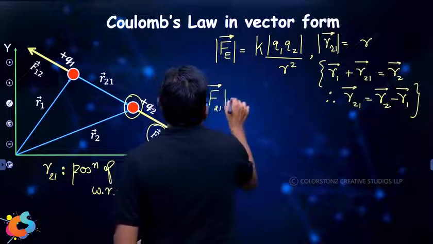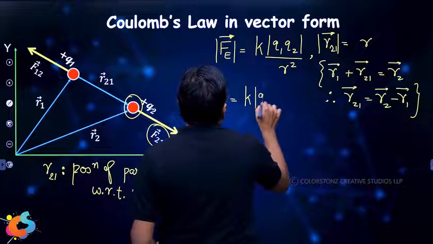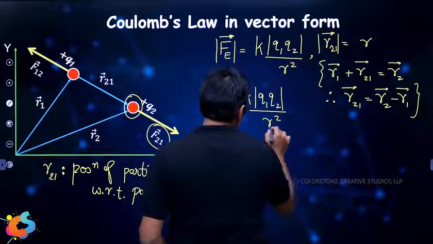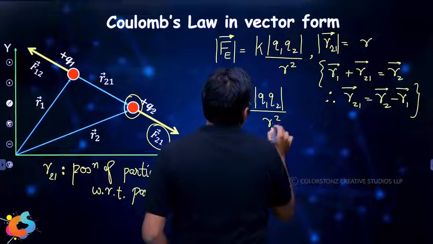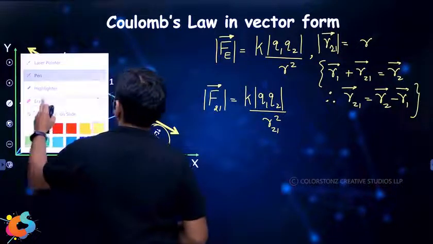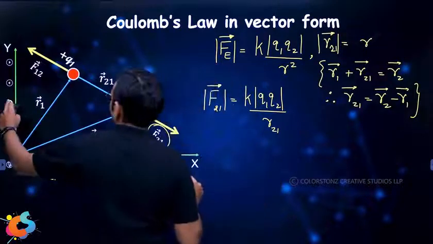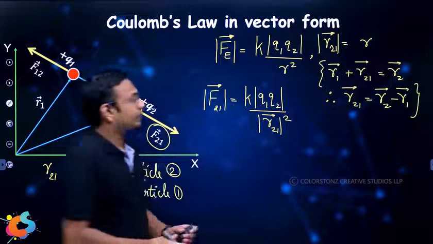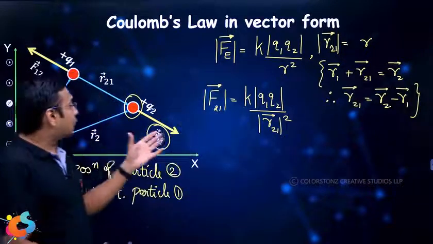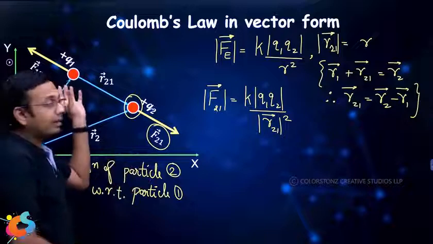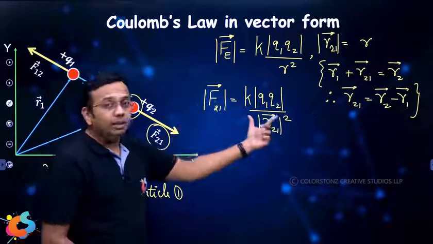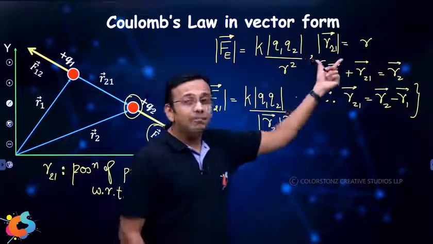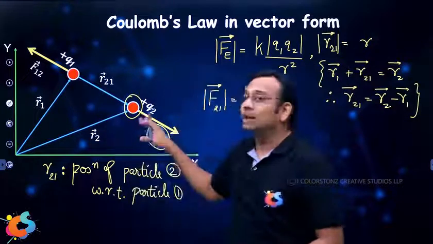Then the magnitude can be written as K mod Q1 Q2 by R square, where R square is nothing but mod R21 square. The magnitude of force acting on particle 2 due to particle 1 is K mod Q1 Q2 divided by magnitude of R21 square.